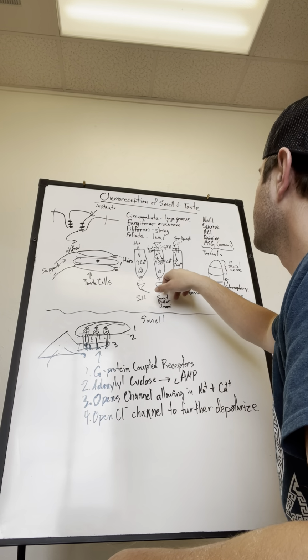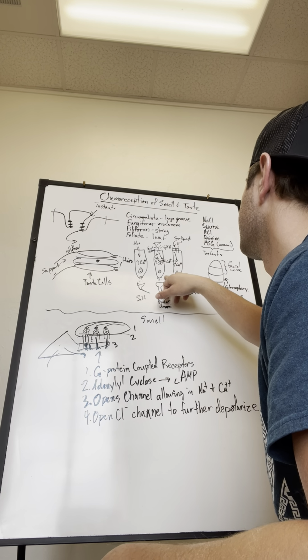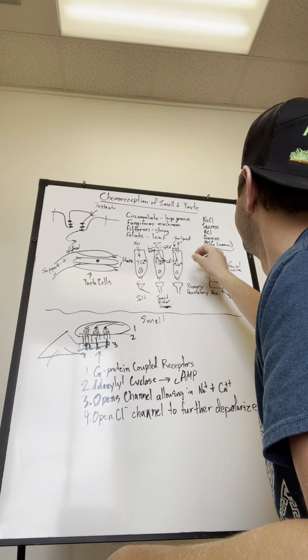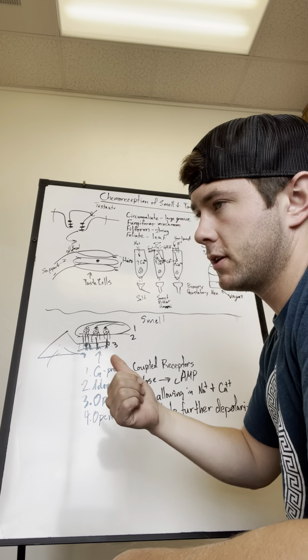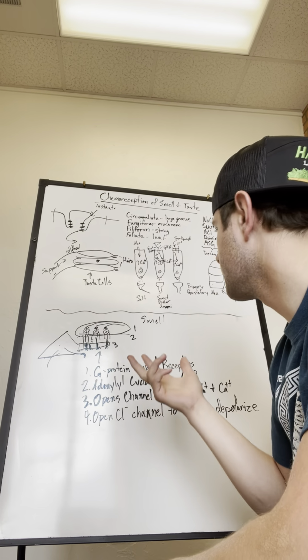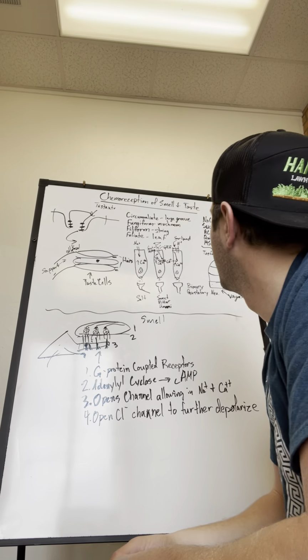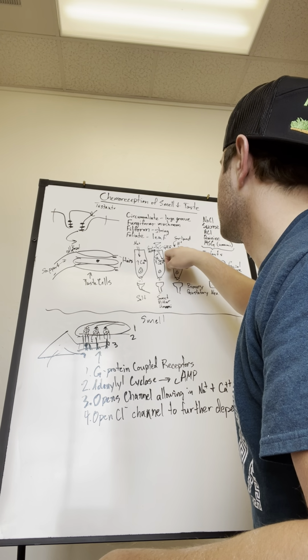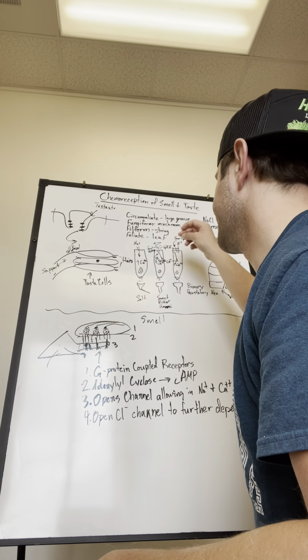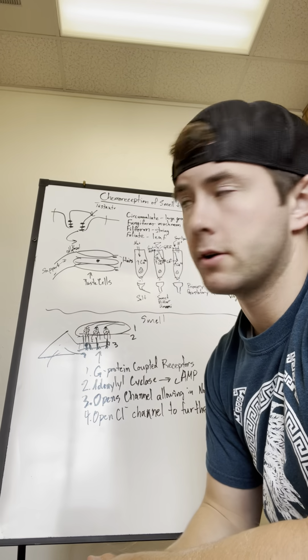So for this one, this is going to be for a couple things. It's for sweet taste, for bitter taste, as well as umami or savory tastins. These are all going to be G protein coupled receptors.